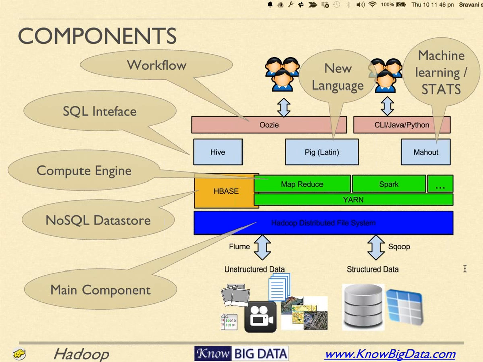You need to be aware that it's fairly difficult to just port an application to Hadoop. The reason is that your strategy for storing the data will change, for retrieving the data will change, your data models will change, and therefore your application will change.